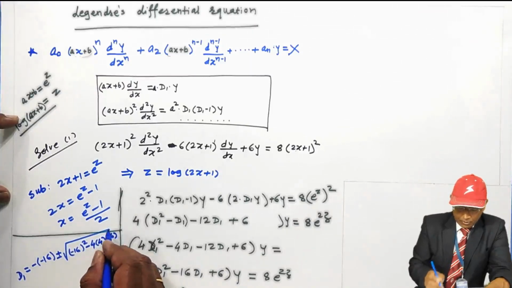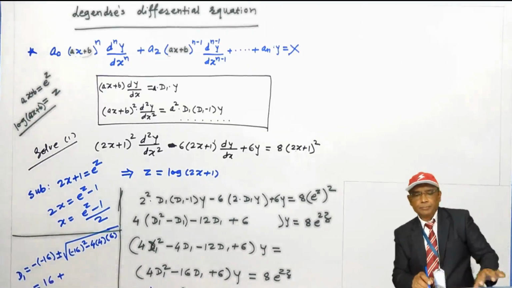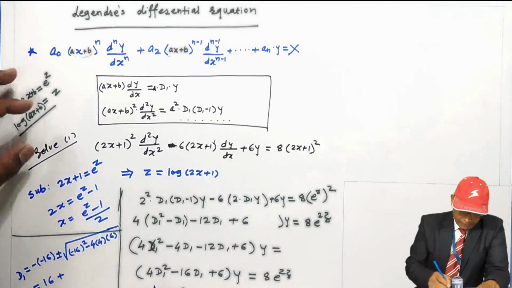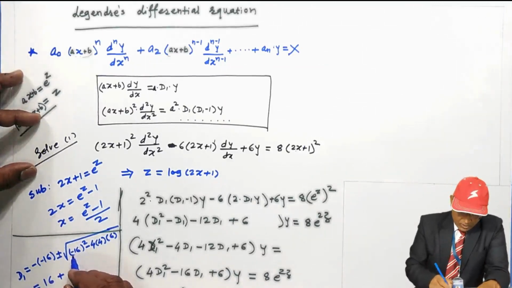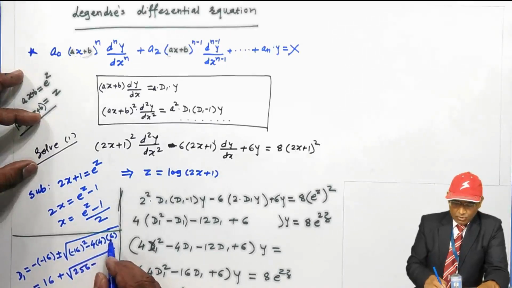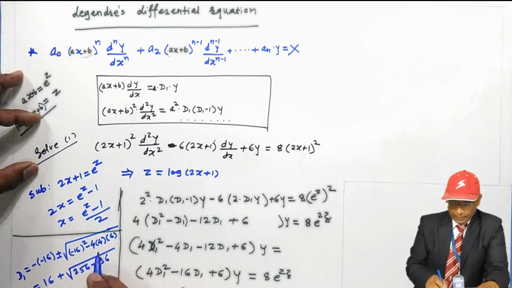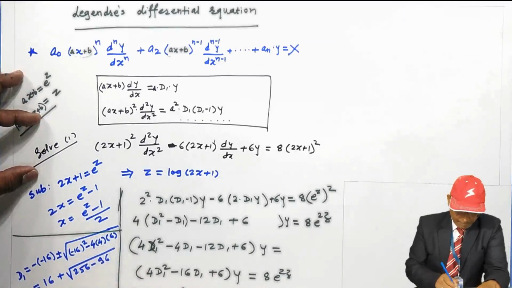Now 16 square is 256, minus 16 into 6, which is 96.